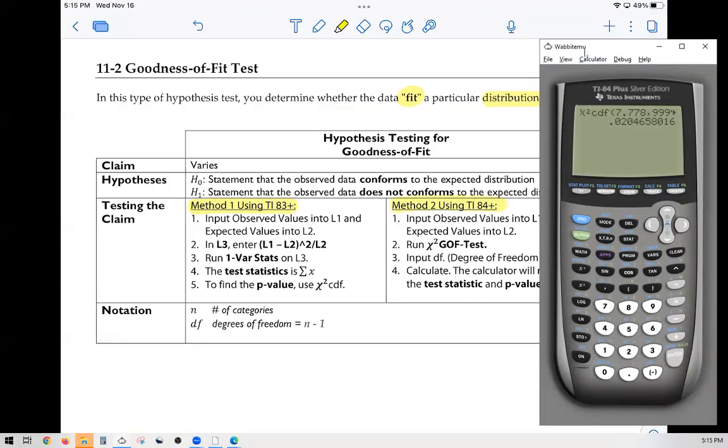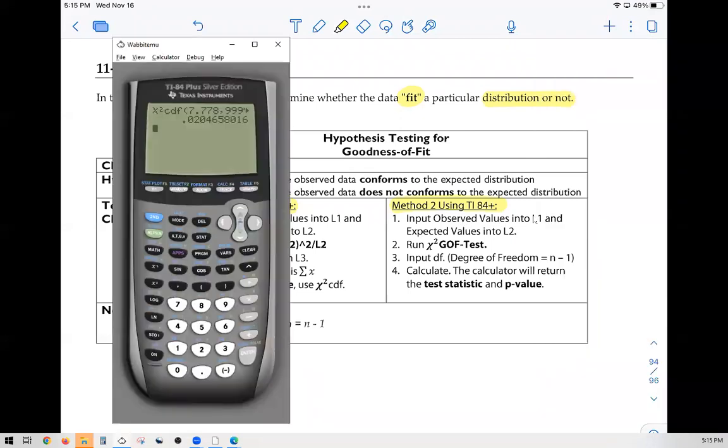What you do here is input the observed values in L1 and the expected values in L2. You don't need that third list if you're using the chi-square GOF test. Let's go to the chi-square GOF test because we've already inputted list 1 and list 2. We're going to press stat, go to tests, and L1, L2 looks good for the observed and expected frequencies. Degrees of freedom is 2. That's correct. We're going to calculate.